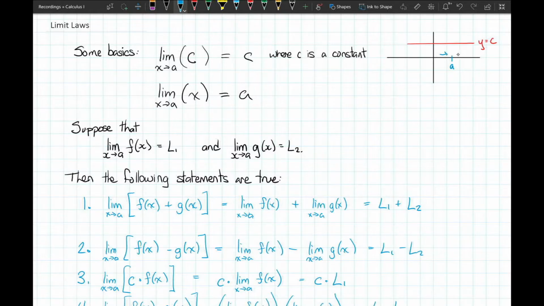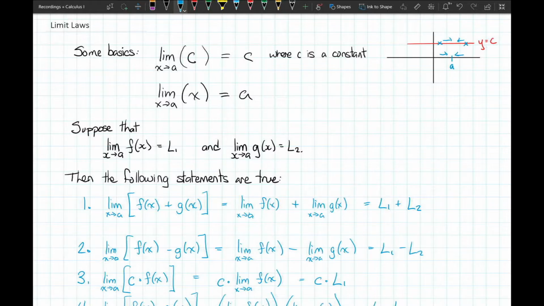And as x is approaching a, picking a point on this line on either side and approaching a, it appears that our y values, since they're always the same, are going to remain constant and remain at a value of c. So it makes sense that the limit of c as x approaches a is simply c.